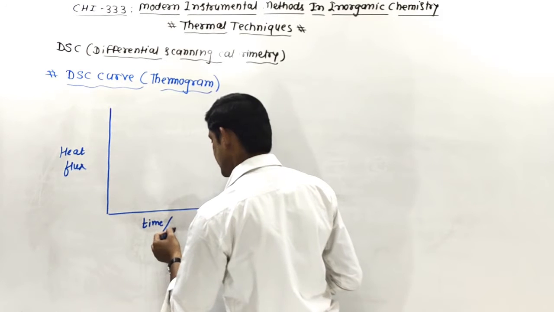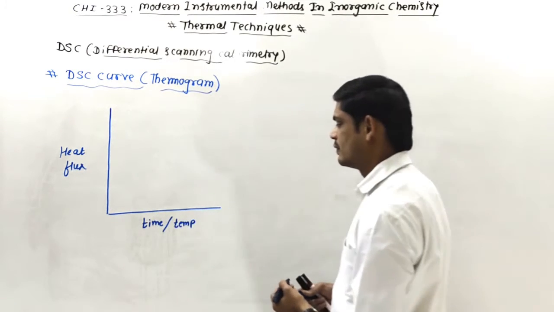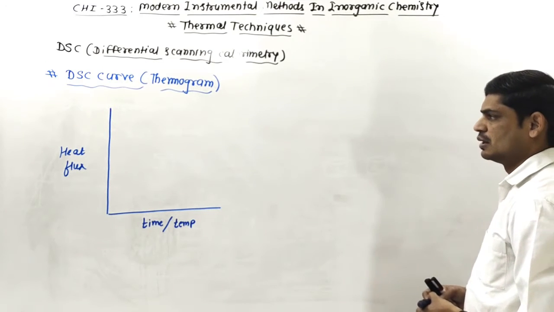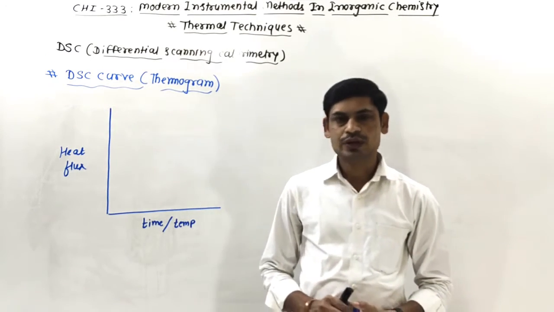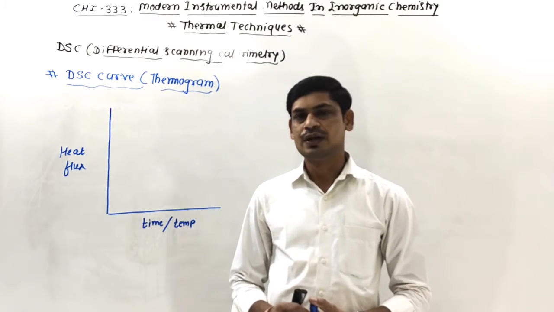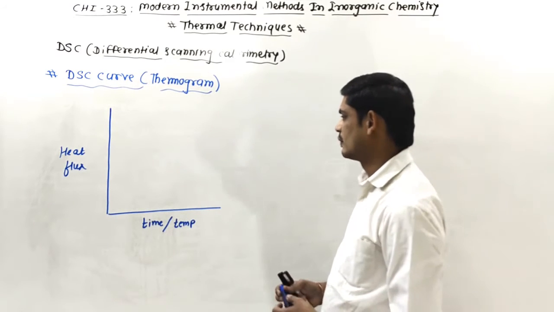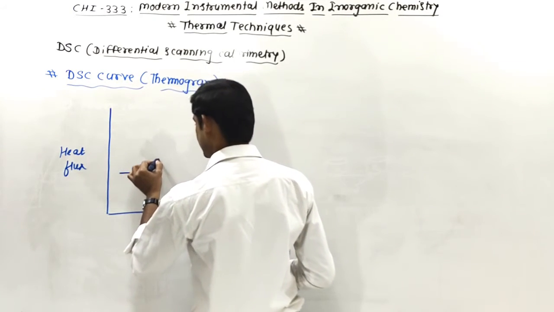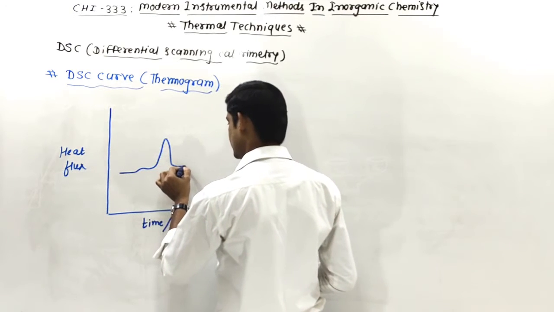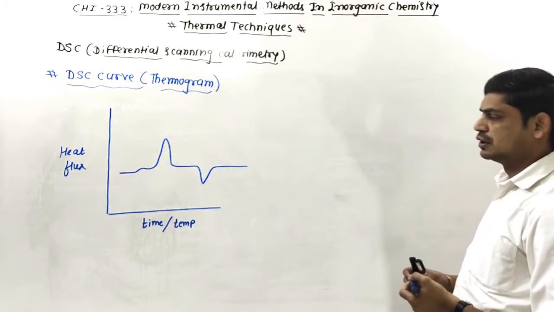Here we will record with respect to time or temperature. Probably temperature will be considered over here, because as per the discussion, we are monitoring the physical and chemical properties of the substance as a function of temperature. Here we will get such a type of curve.